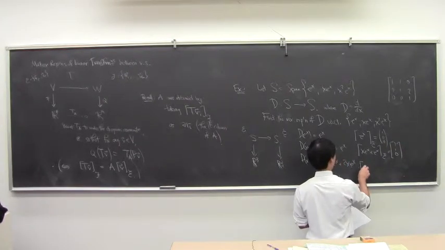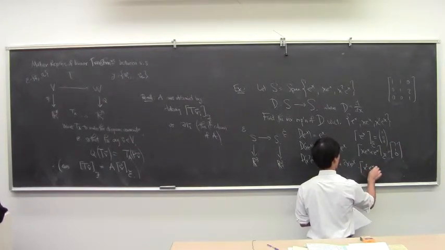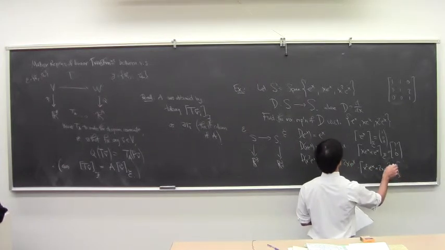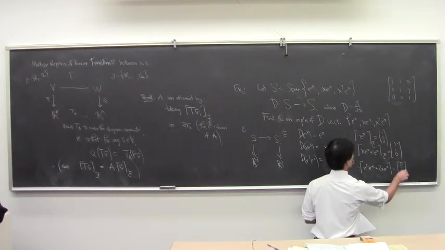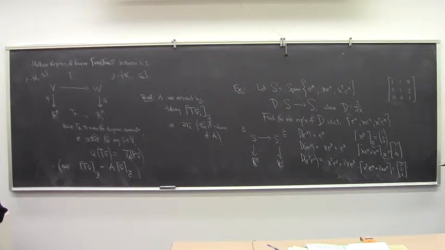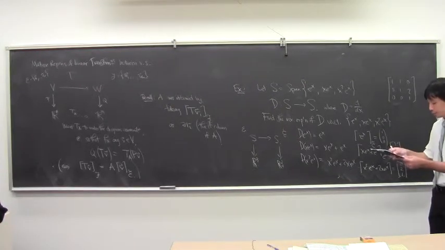And the coordinate vector of the last is 0, 2, 1. And those are the columns of the matrix. We can see that this behaves as it should.